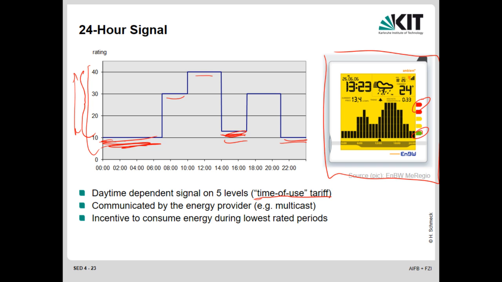Only if you're quite flexible. Because the spread here is not that large, and it does not pay that much, and you have certain times at which you just will consume power, and the amount of power you can actually move into those times at which it is cheaper is not that large. Yeah, so there is an effect, but the monetary effect is not that significant. This is one of the major problems in these scenarios.